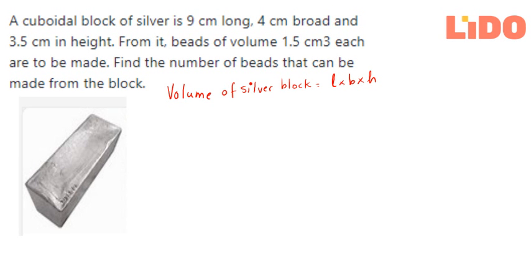So we have here the length is equal to 9 centimeters, the breadth is equal to 4 centimeters, and the height is given as 3.5 centimeters, right? So volume will be equal to 9 into 4 into 3.5. So let's keep it like this. We don't have to multiply it out.